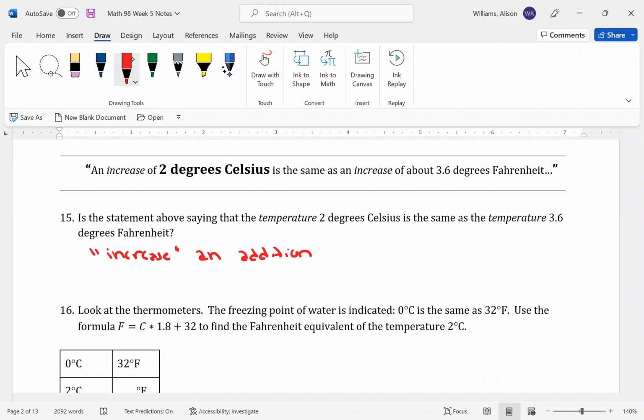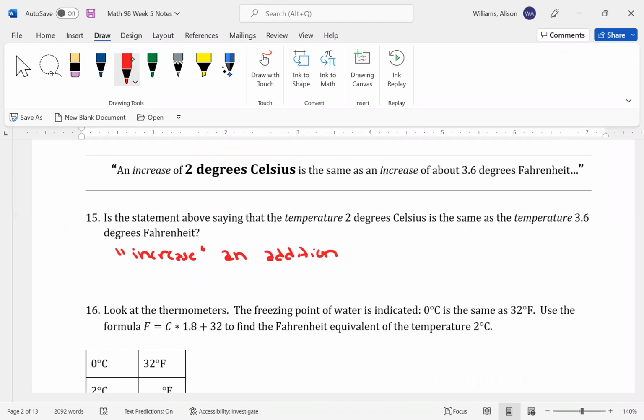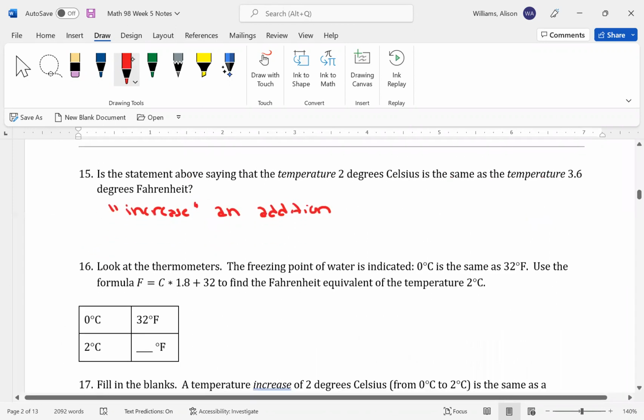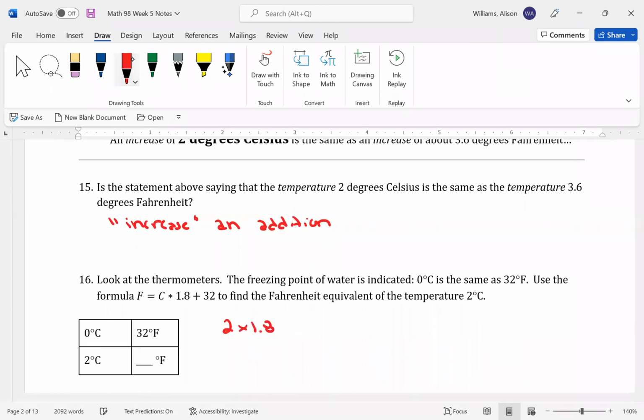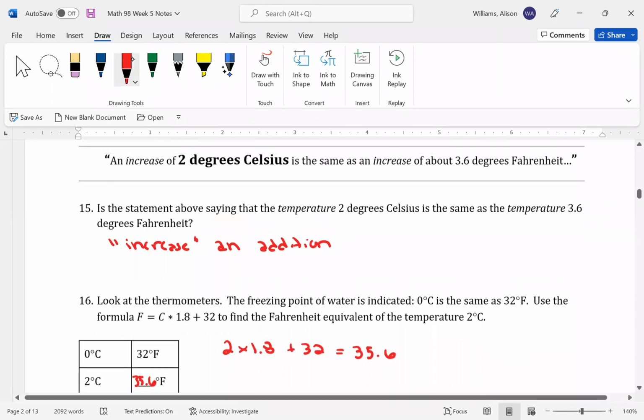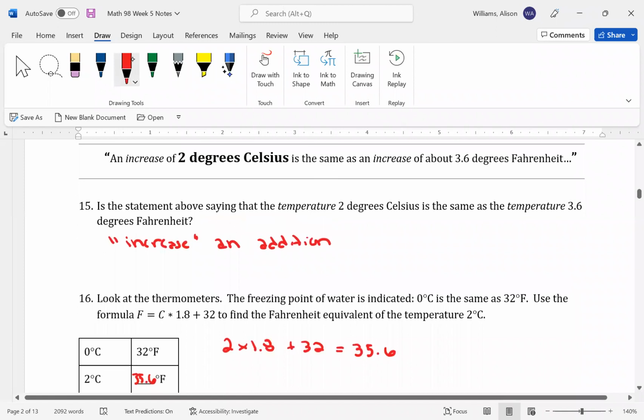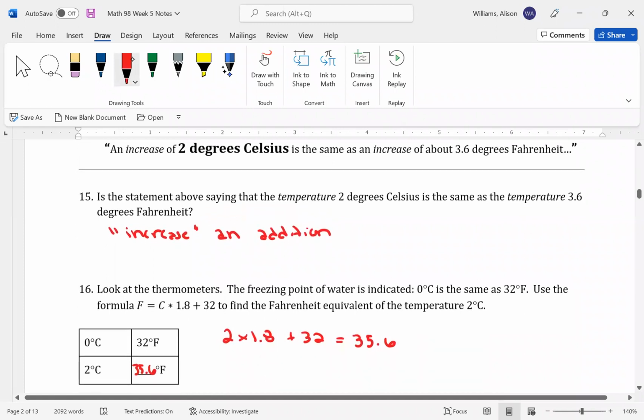Use the formula to find the Fahrenheit equivalent for 2 degrees Celsius. All right. So using the formula, I'm going to plug in 2 degrees Celsius, times it by 1.8 and add 32. So 2 times 1.8 comes out to 3.6 plus 32. I'm getting 35.6, which I will squeeze in there. So clearly the above statement is not saying that 2 degrees Celsius is 3.6 degrees Fahrenheit.